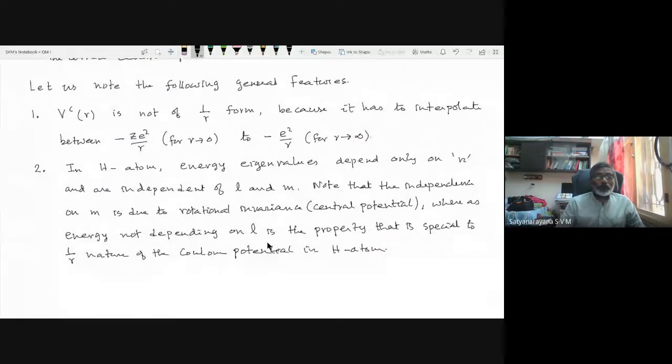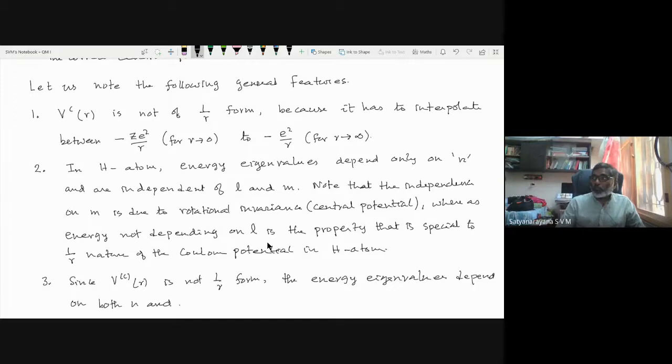Now, since Vc of r is not of 1 over r form, the energy eigenvalues depend on both n and L.